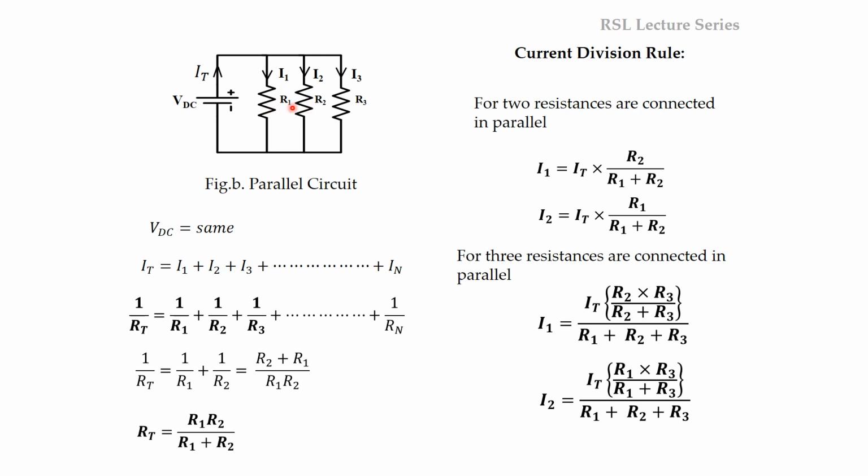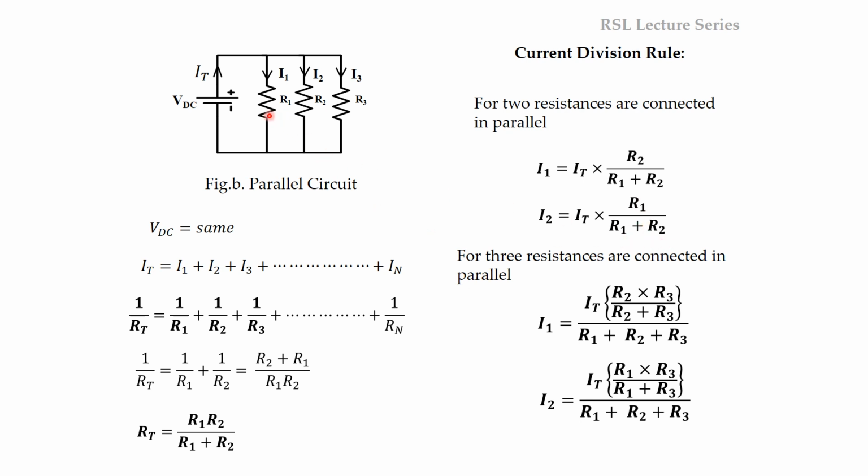So I1 is IT into R2 divided by the sum of the resistors R1 plus R2. Similarly, I2 is equal to the total current IT multiplied by the opposite resistance value, here R1, divided by the sum of the resistors.